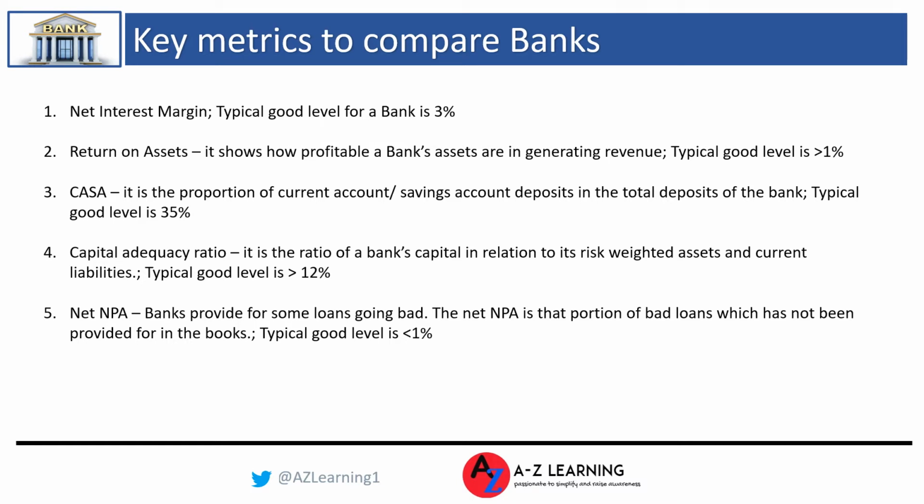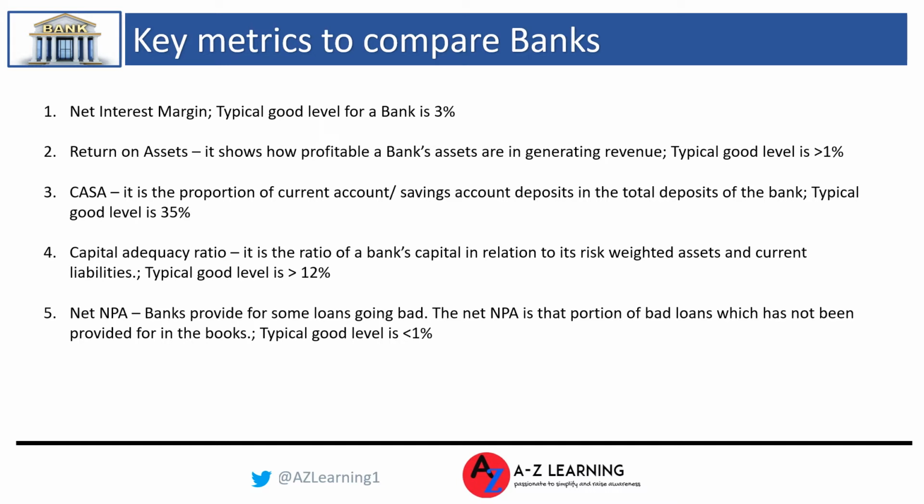Okay. Third metric is the CASA ratio. CASA stands for current account and savings account. So banks collect their deposits through current accounts that they open for their clients and the savings accounts that they open for their clients. And that's the primary source of their money coming in.